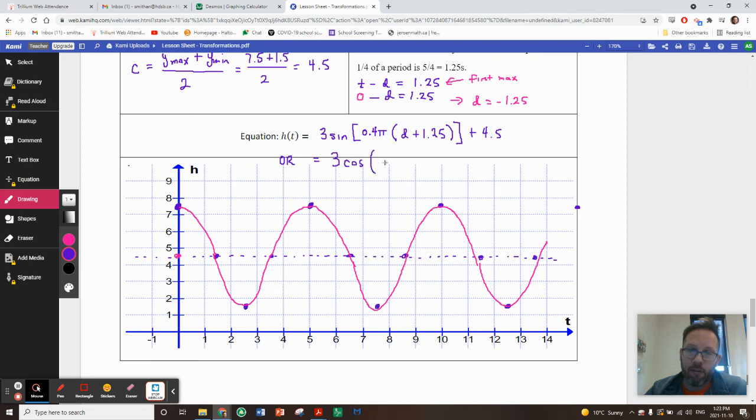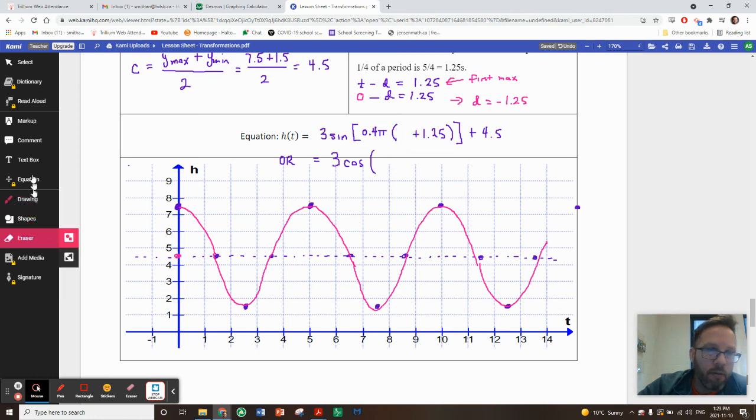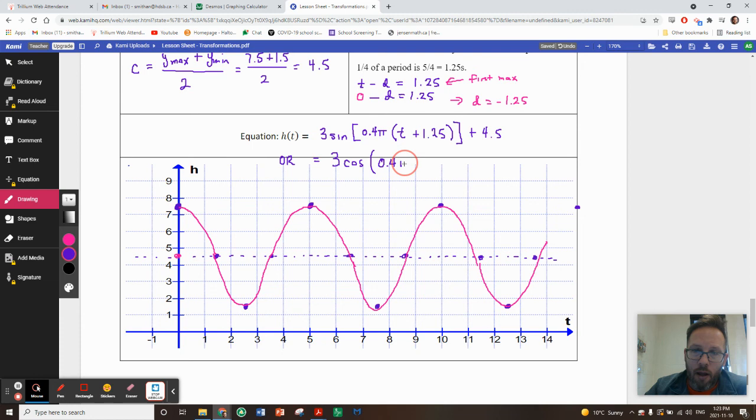And in this case, I used D there, and I should have used T. Please forgive me, guys. The period's still 5, so our k value is still 0.4 pi. However, there's no phase shift when we use the cosine, because cosine's supposed to start at a maximum, and then the axis is the same.